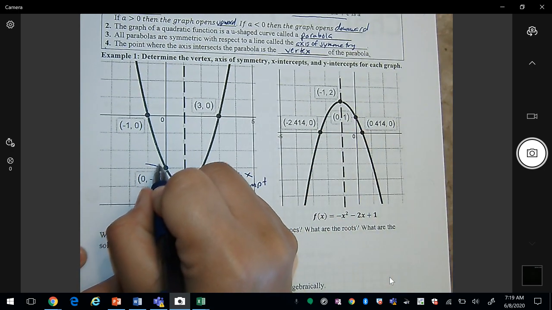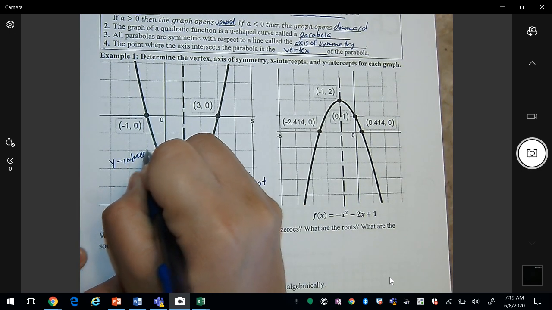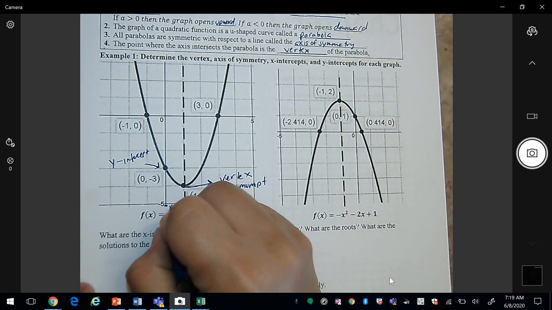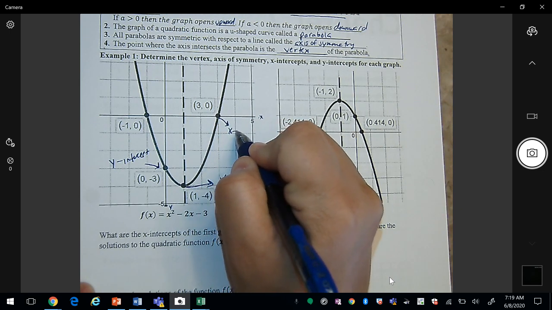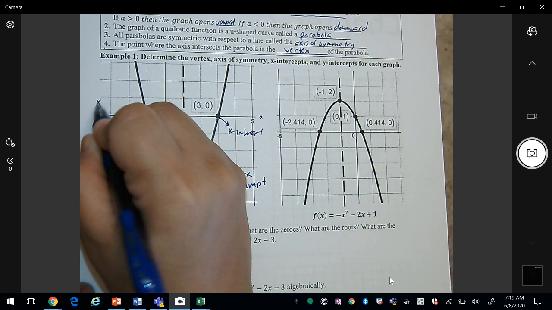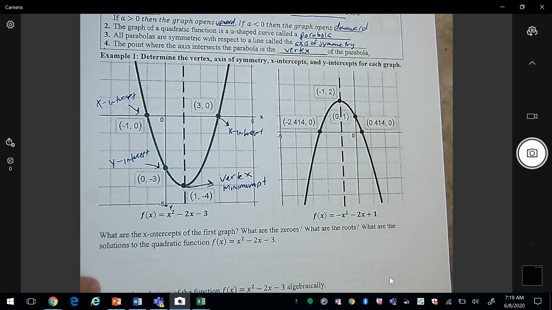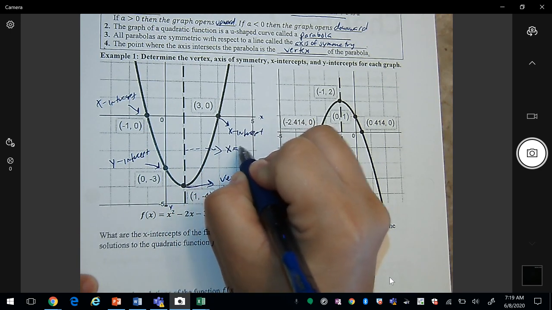This point here is your y-intercept, since it's crossing the y-axis. This is your y-axis. And this is an x-intercept. And this is an x-intercept. The axis of symmetry is this dotted line at x = 1.